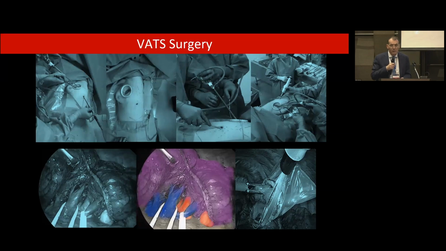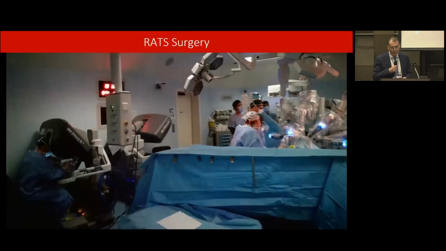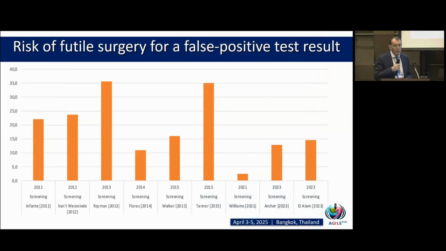And last but not least, I have to mention low-dose CT screening was a major factor that promoted minimally invasive surgery, either by VATS or RATS. And also it prompted the refinement of nodule management protocols, because you have a lot of unwanted harm, not a lot, but you have some futile resections in any lung cancer screening study.